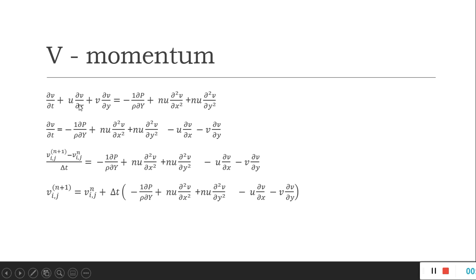Moving on, the v momentum is similar. Just take the convection terms to the right hand side and make vij n plus 1 the subject. Spend some time and try to rearrange them by yourself to make it more clear.